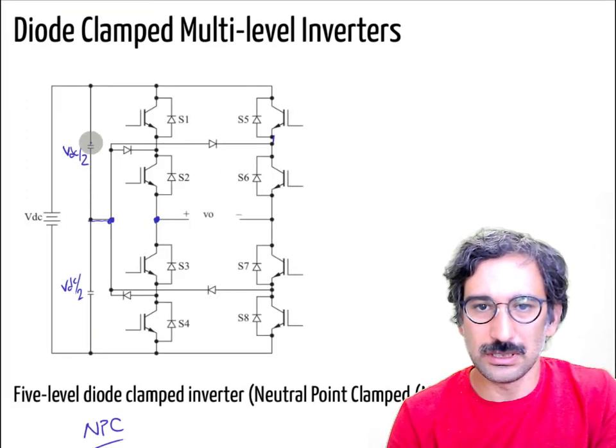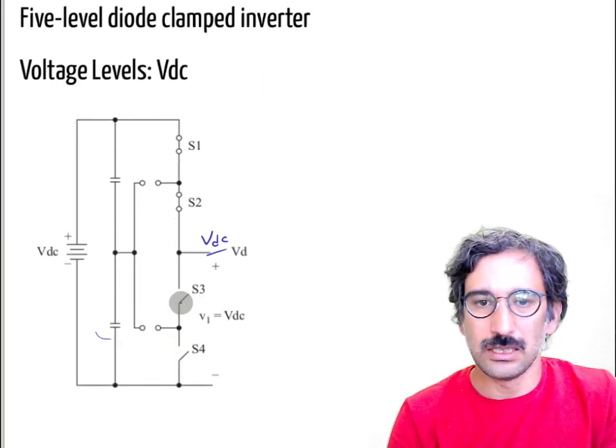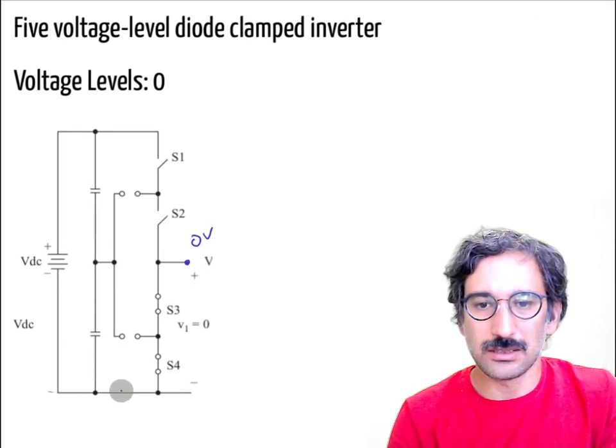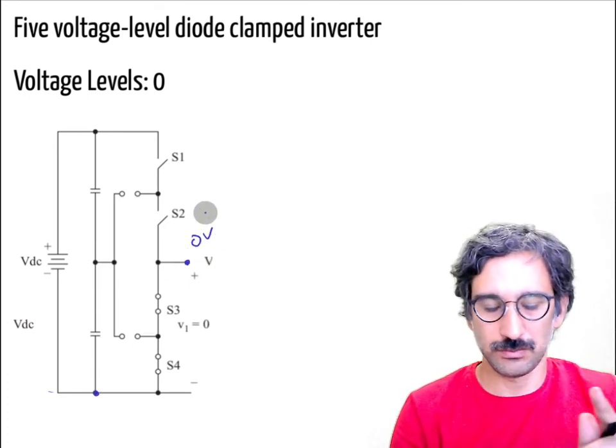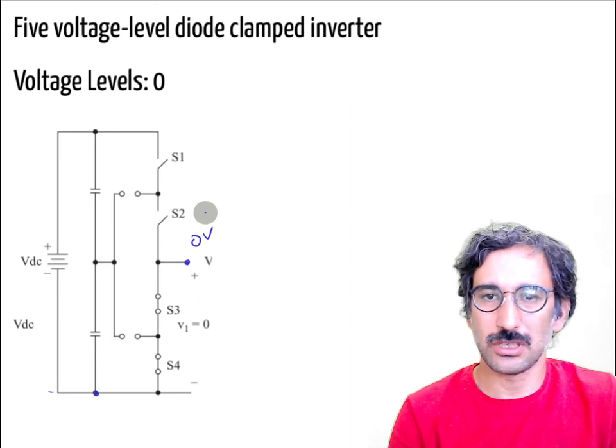The diodes cannot conduct, so the bottom transistors actually make a connection to that neutral point, that 0 point, so I have 0 volts. That's another voltage level.